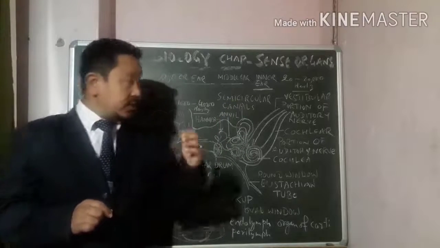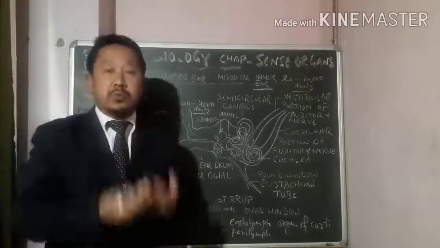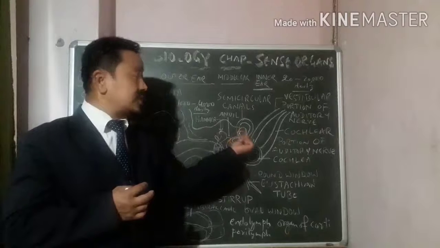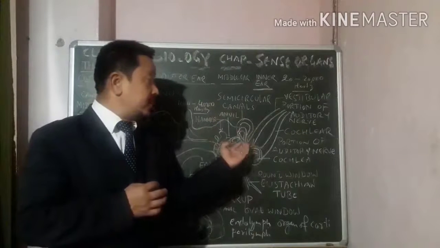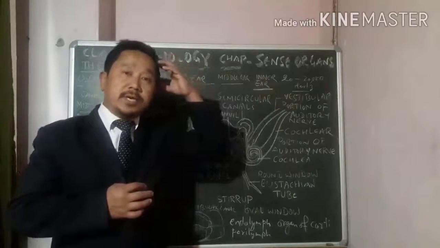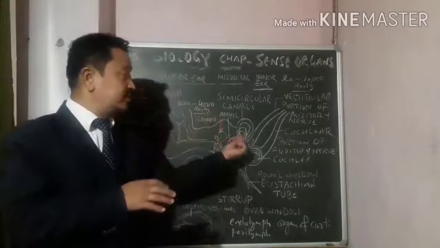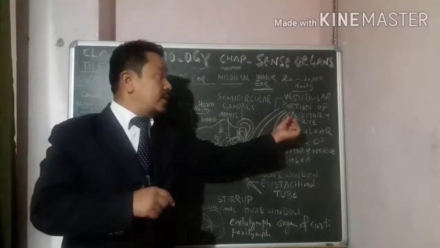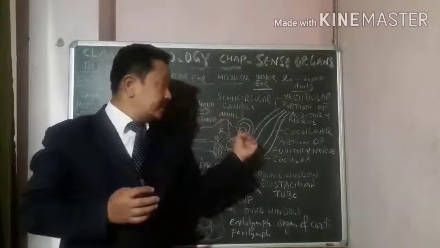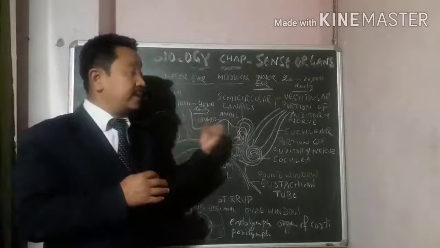As we move the head here and there, the fluid inside also moves and pushes against the sensory cells, sending the nerve impulse to the brain via the auditory nerve itself. This impulse is collected by the auditory nerve, which carries it to the brain, where it is perceived, so that the balance is maintained.